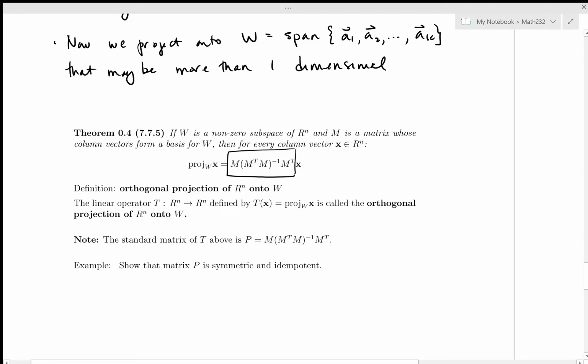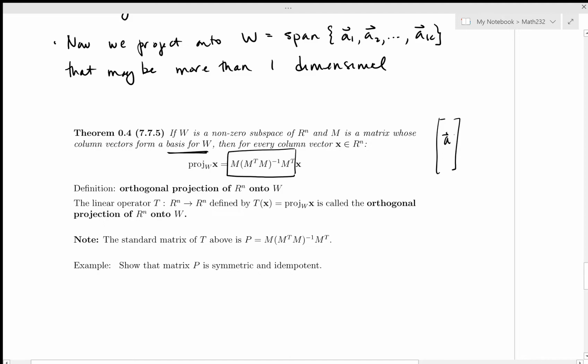We can calculate that matrix from the basis vectors for the subspace. So we take the basis vectors for the subspace and we put those into a matrix M as column vectors. When you think about what we were doing from before, we had the basis vector A. That was the basis vector for the subspace, right? That was the line.